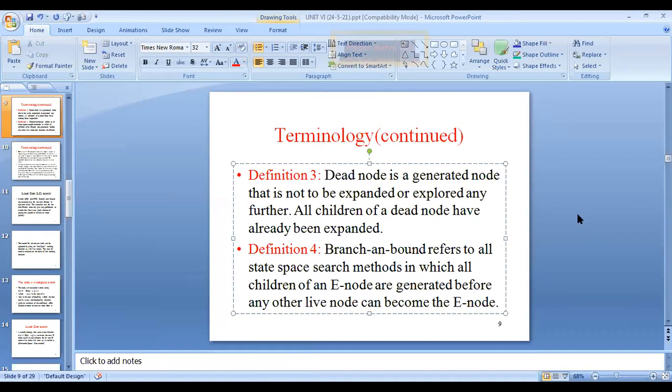A dead node is a generated node that is not to be expanded or explored any further. That means we are not creating any child nodes for the dead node. All children of a dead node have already been expanded, so there is no need to expand a dead node.